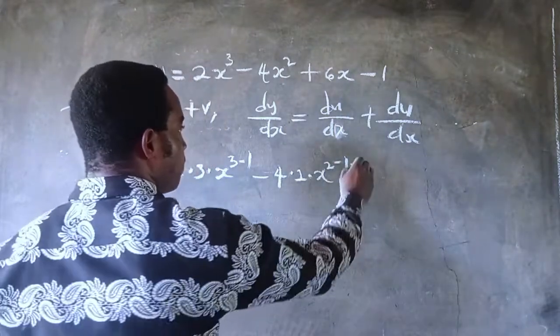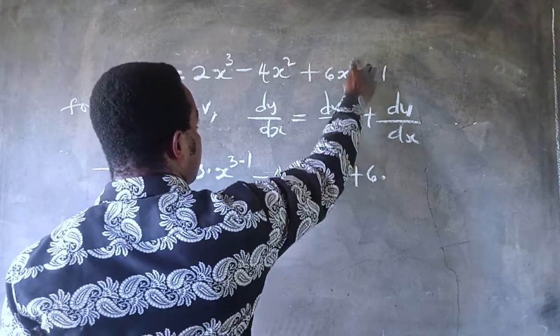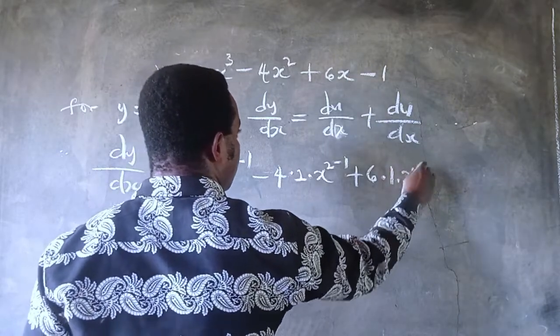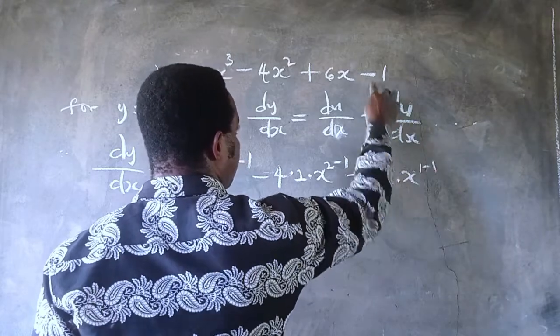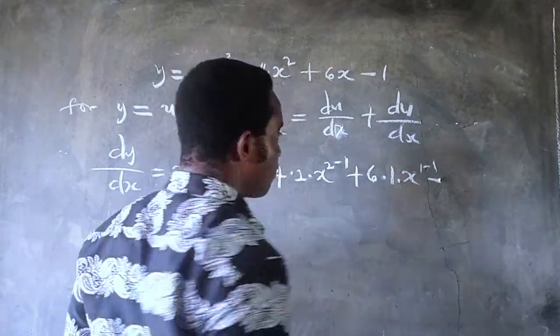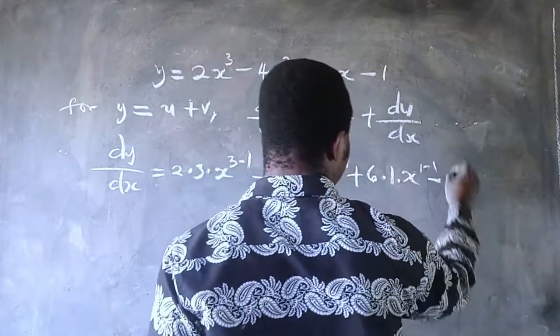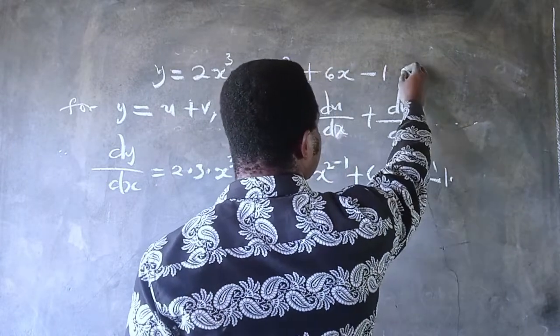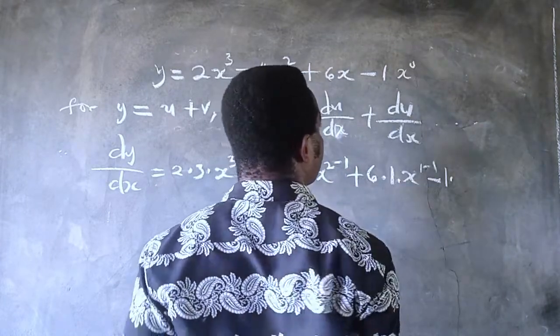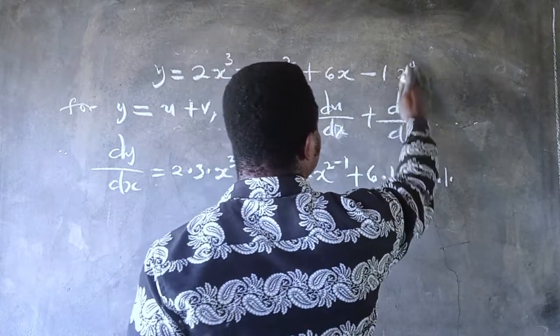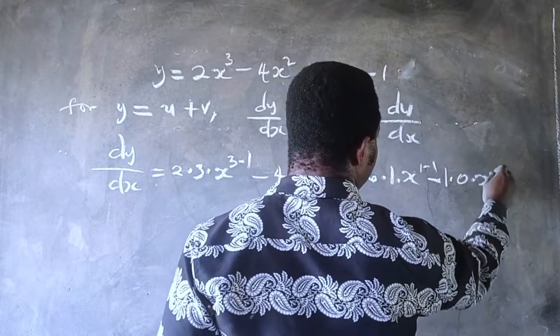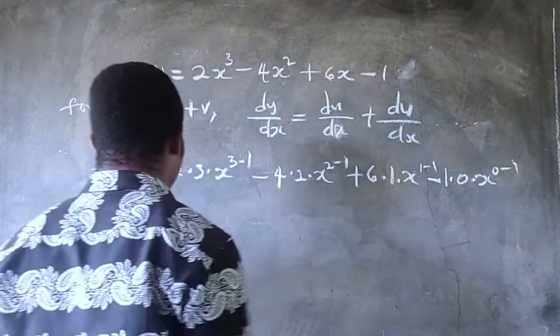This will be 6 multiplied by 1, the power you have there, x raised to power 1 minus 1. Look at that. We have 1, right? So that is 1 multiplied by, notice you have x raised to power 0 here, 0 times x raised to power 0 minus 1.